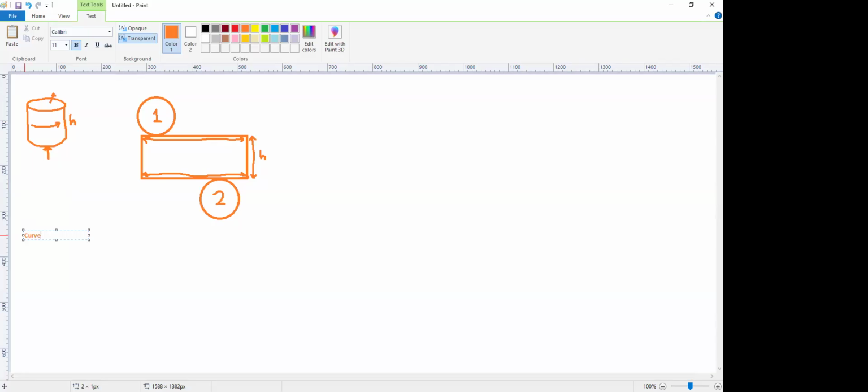The curved surface of a cylinder, also the curved surface area of a cylinder, is the area of the rectangle.